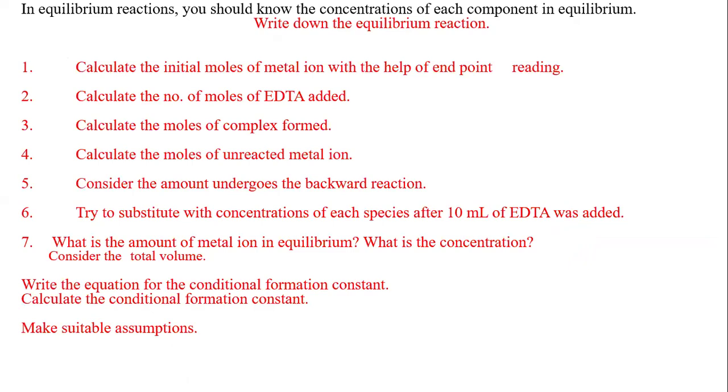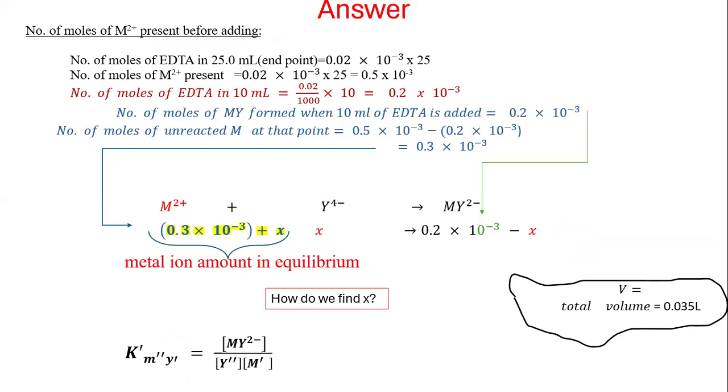This is how you should do it, but since we have already started, look at this. This is the equilibrium reaction, and this is the equilibrium equation. But now remember, if it is K'MY', then this is going to be Y2- over M2+.